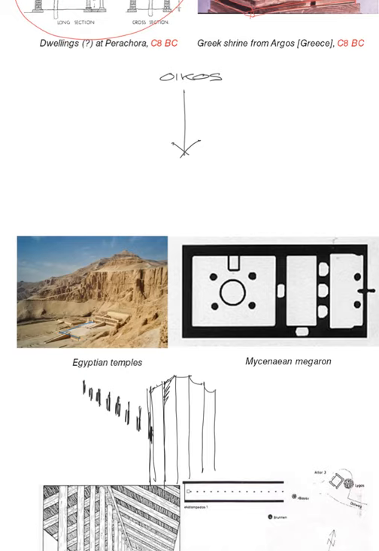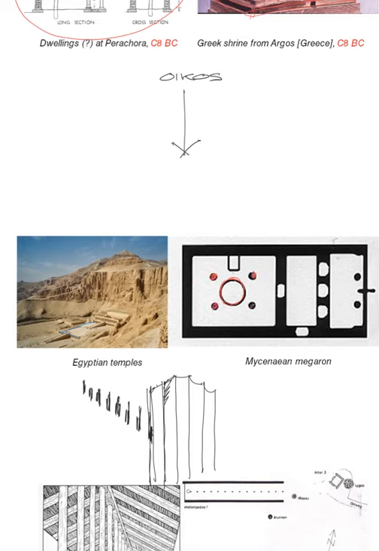The next important influence is the Mycenaean megaron that I referred to. And I drew that quick sketch, but here now you can see the plan. And there is the hearth, the fireplace, open to the sky, surrounded by the four columns.